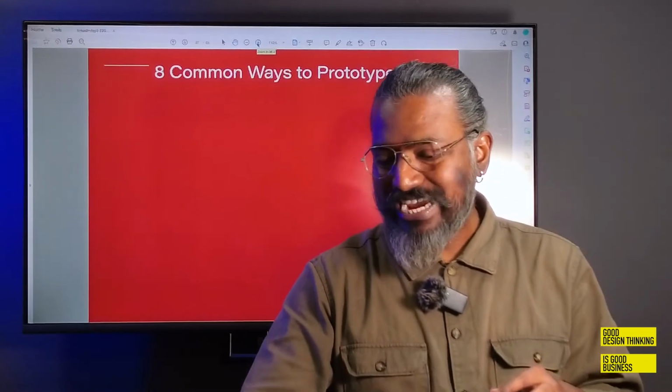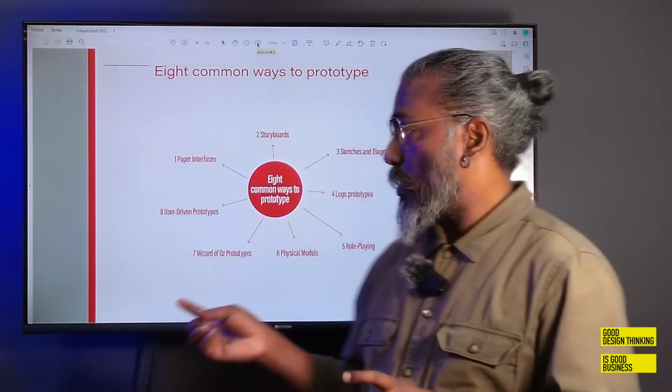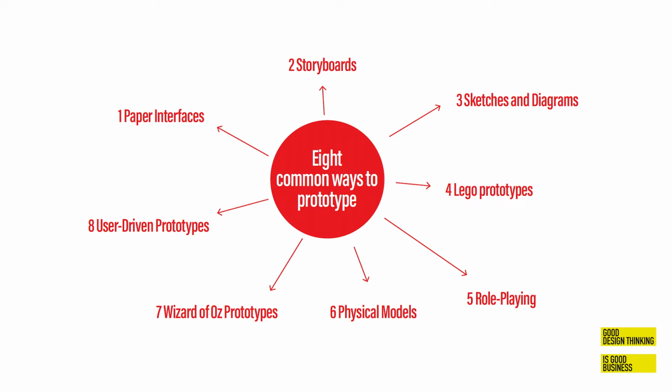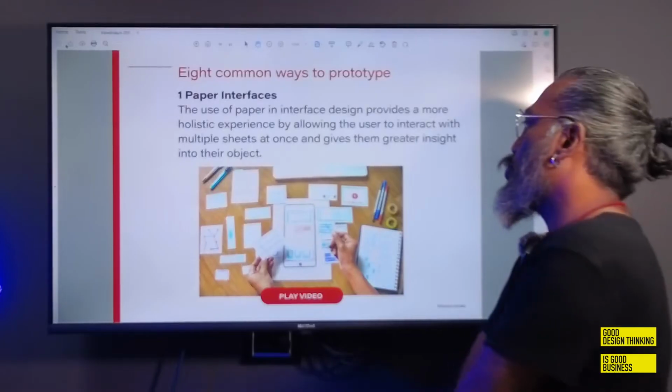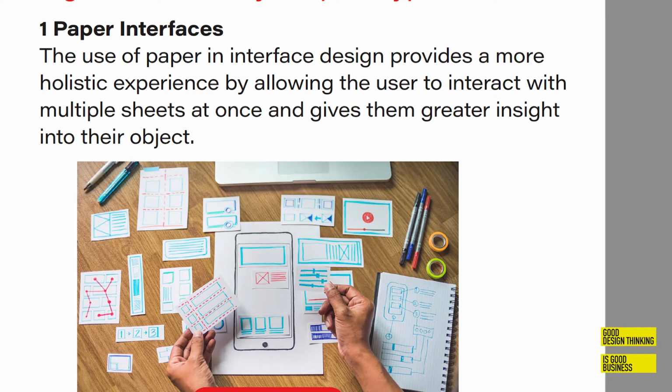So there are 8 ways to prototype. These are the ways we do a prototype. First, the paper. Use of paper in an interface design provides a more holistic experience by allowing the user to interact with multiple sheets at once and gives them greater insight into their object.